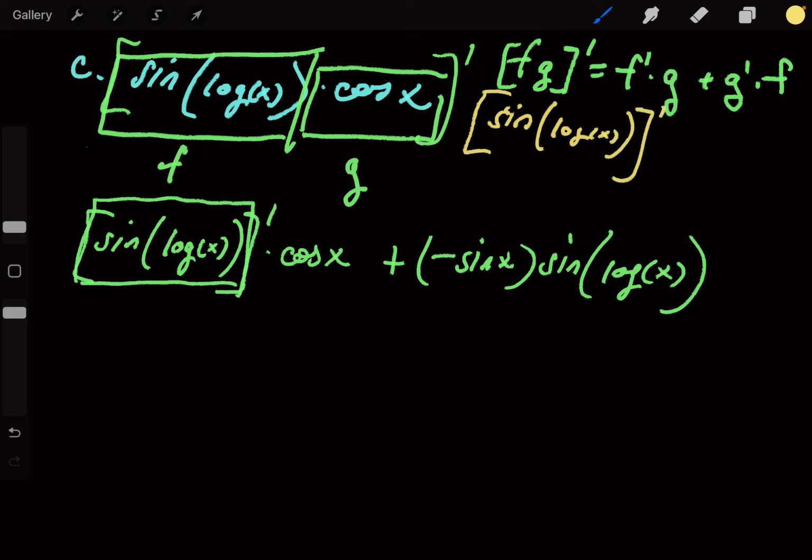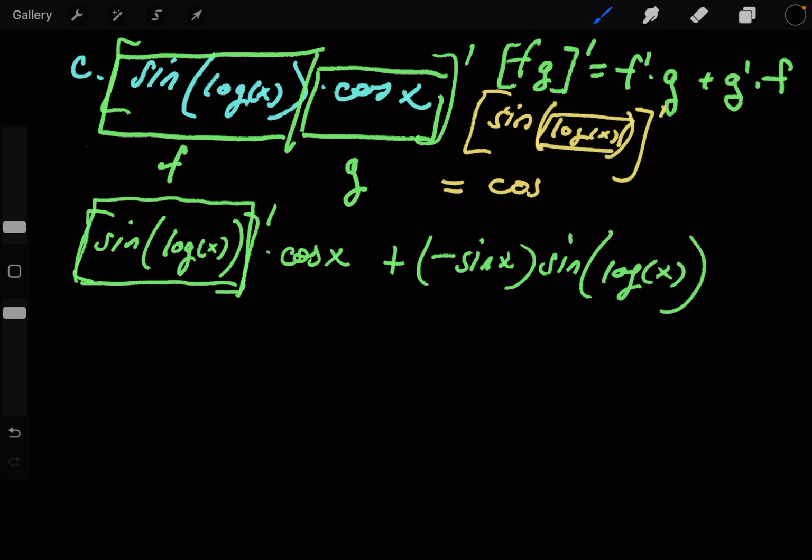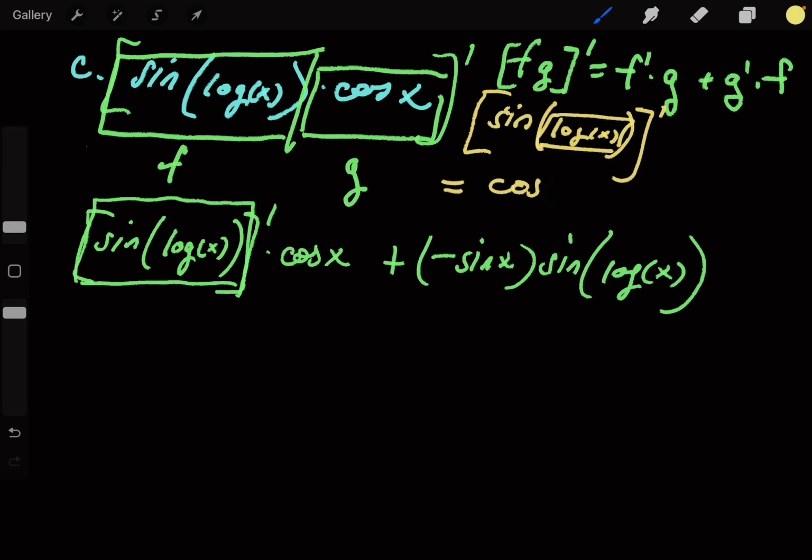So this here, we need to look at this as chain rule, where this is the inner function. That's like u. What's the derivative of sine u? Cosine u times the derivative of u. But what takes the role of u? Log x is taking the role of u, right?